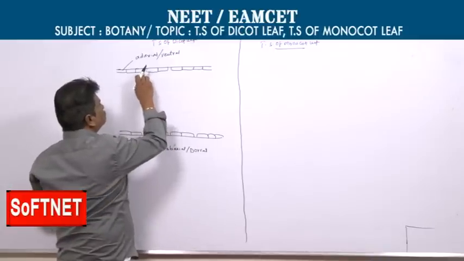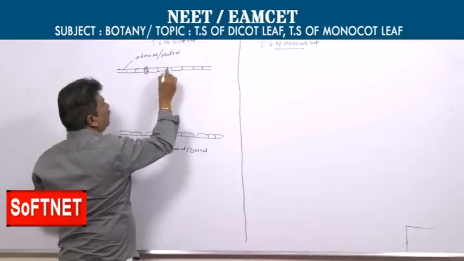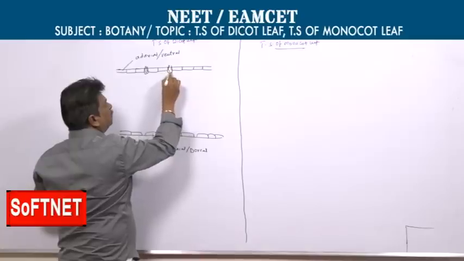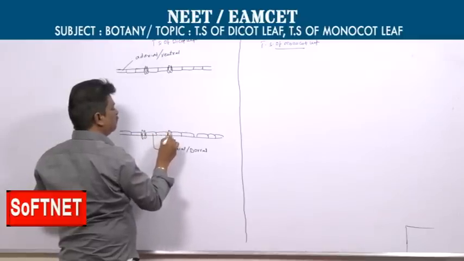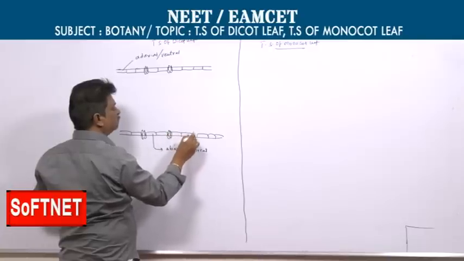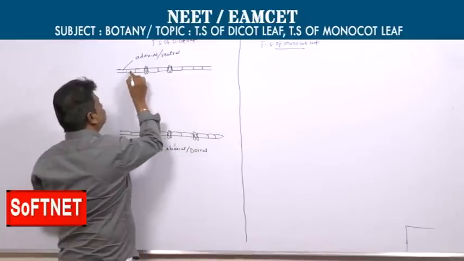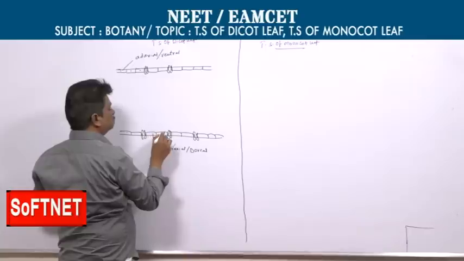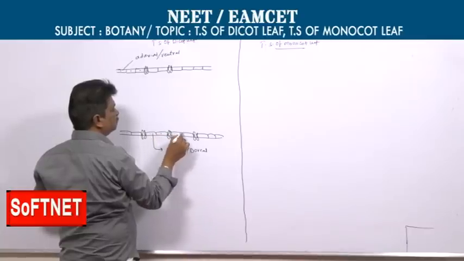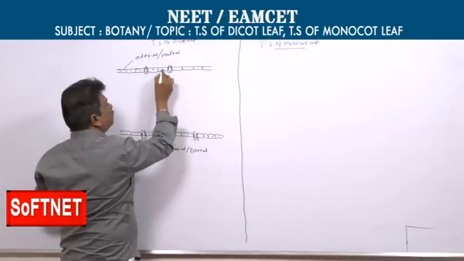Then on both sides, the epidermal cells are unilayered, living cells, containing vacuolated protoplast. Living cells have nucleus and cytoplasm.